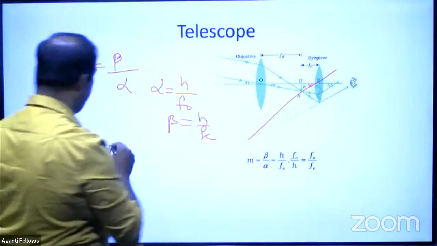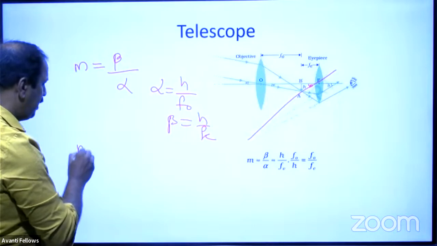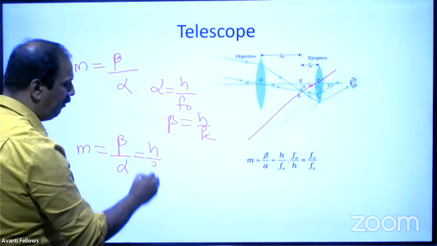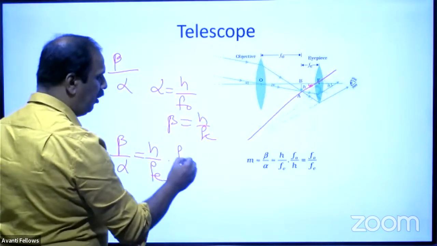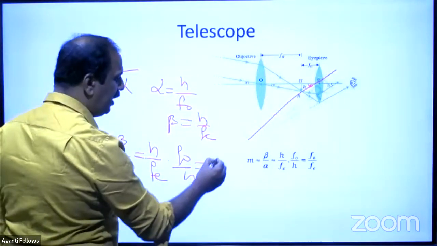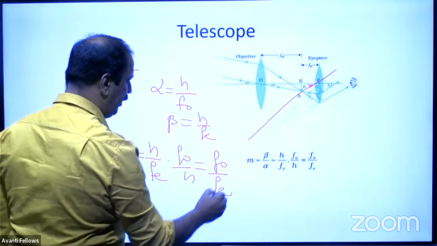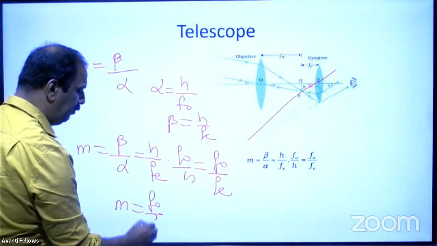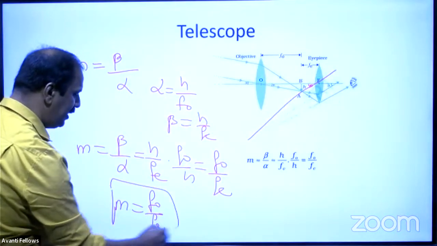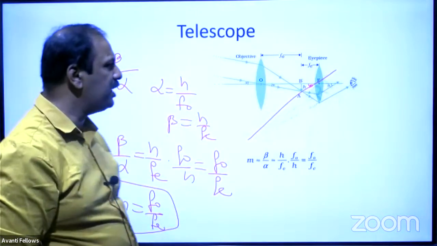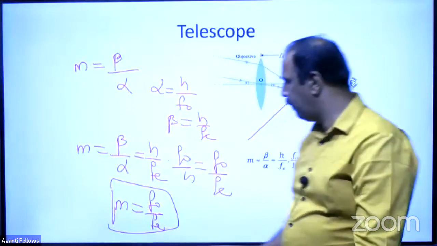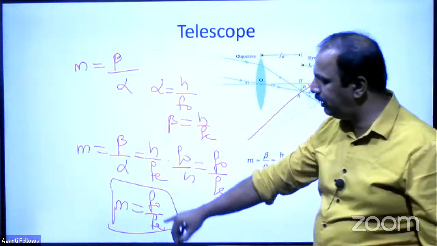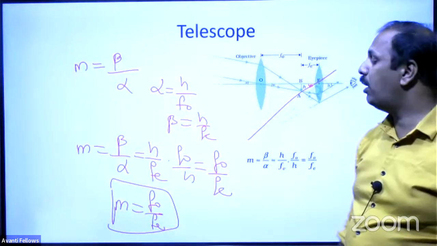So if you do that together, the magnification is equal to beta by alpha, which is H by Fe into Fo by H, or simply Fo by Fe. So the magnification is given by Fo by Fe. Here you can see, to get a high magnification in the case of a telescope, the objective should have a larger focal length and the eyepiece should have a smaller focal length.